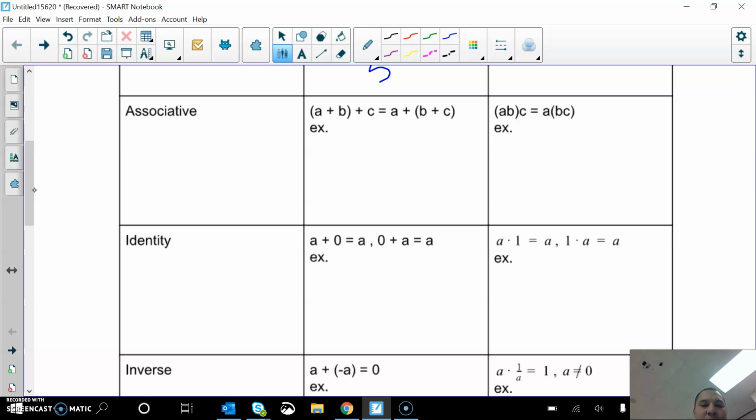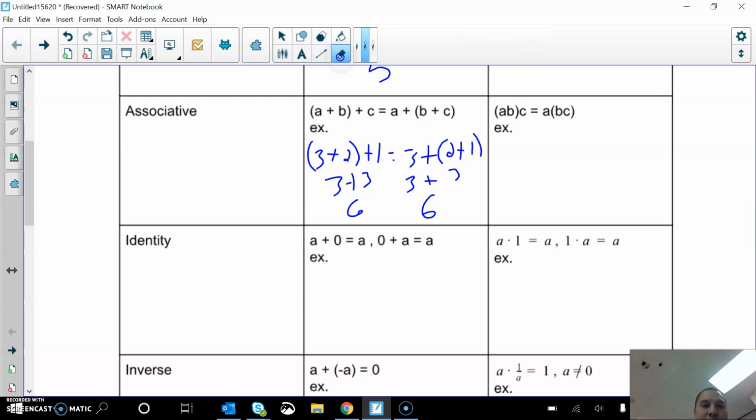Associative says you can group things. If you have 3 of them, you can group them in different ways. So 3 plus 2 plus 1 is the same thing as 2 plus 1 plus 3. All right, oops, slight error here. Jumping the gun. 5 plus 1.